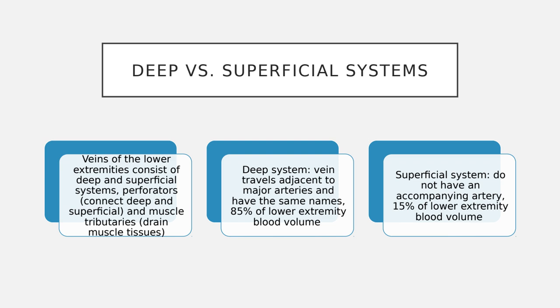Now, deep versus superficial systems. Our venous system has two different classifications. Our arterial system doesn't. Arteries are arteries, right? Veins, it's a little bit different. Our arteries are responsible for supplying all of the life-preserving functions necessary. It supplies nutrients, it supplies oxygen. It can't really serve any other purpose than that.